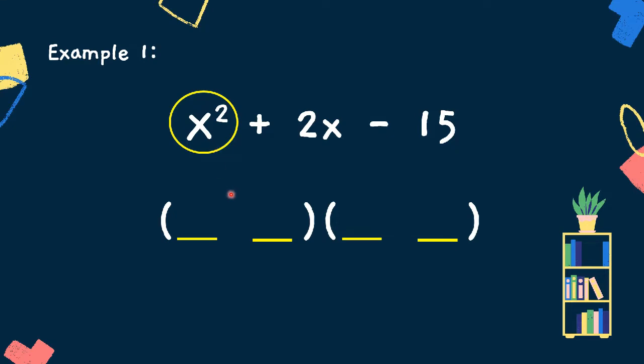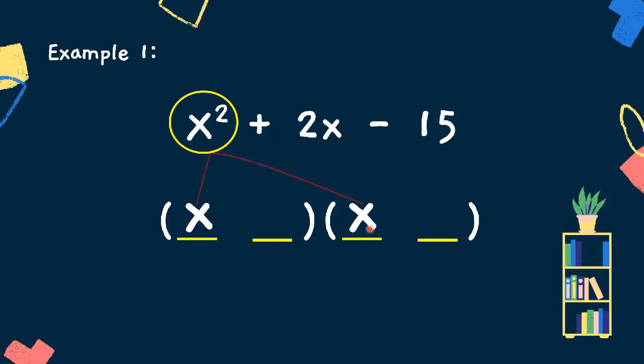Think of two variables wherein if you multiply the two, it will give you x squared. So we have x and x, because x times x gives a product of x squared. Take note that there are no other factors of x squared except x and x.